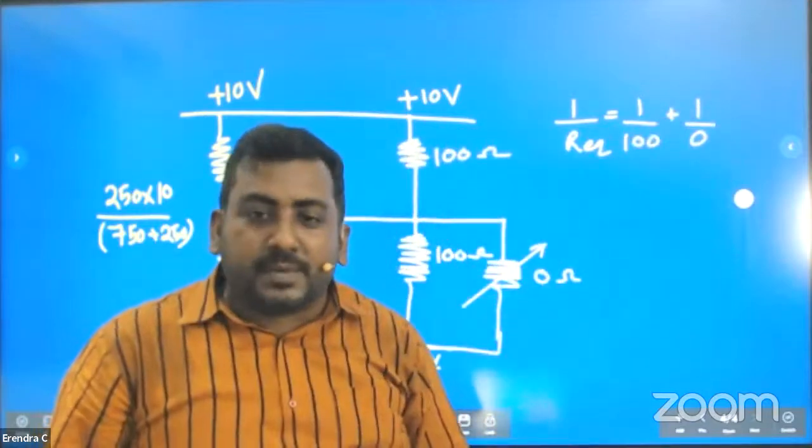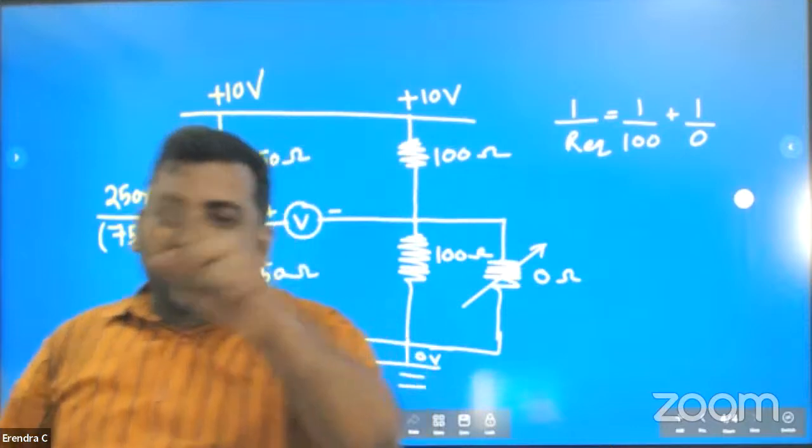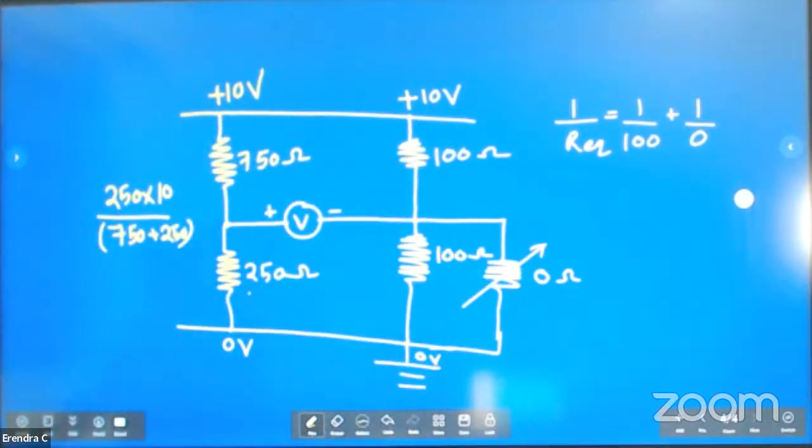Tell me now, who is bigger? 1 over 100 or 1 over 0?